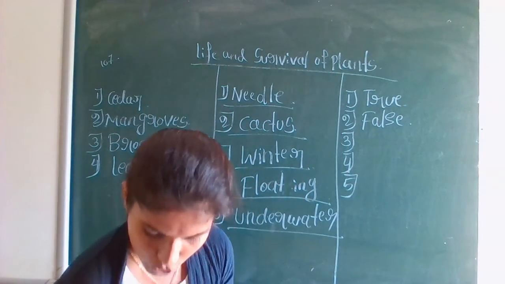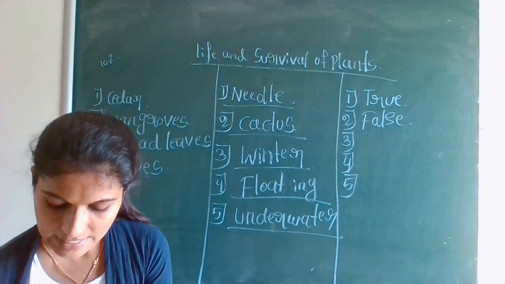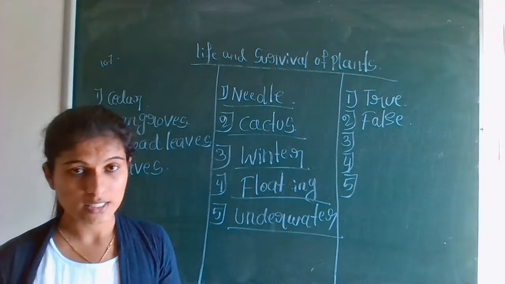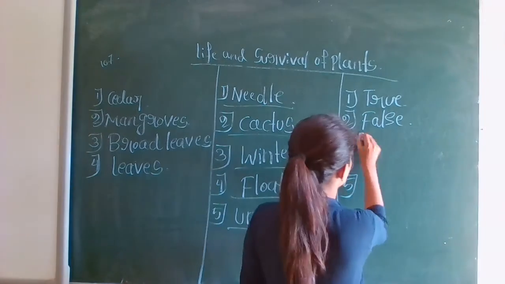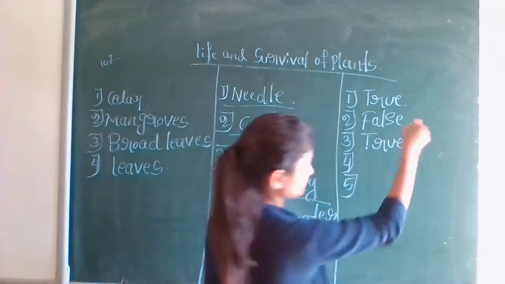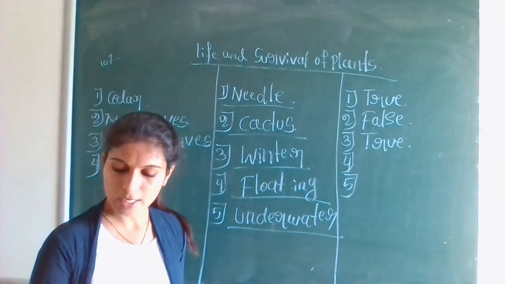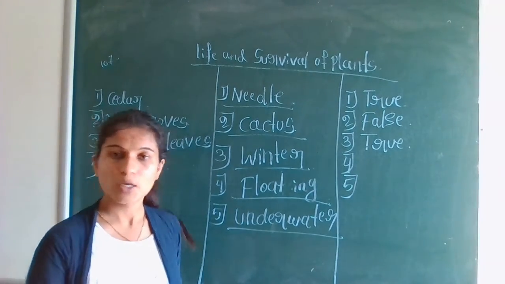Next, what is the third question? Places with sticky and clayey soils are called swamps. Yes, it is true. Next, plants growing in hills are called aquatic plants. No, it is false.